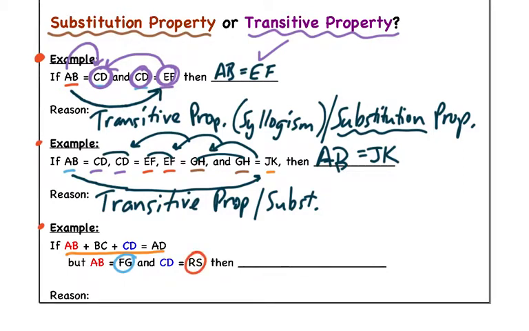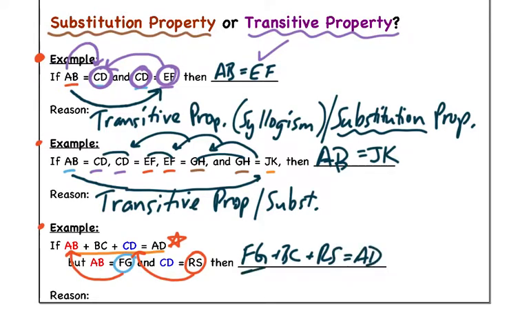This is not transitive, because this is not if P then Q, if Q then R, if R then S. This is literally, I give you a very strong statement here, and I'm saying I can replace these now back into the equation. CD is the same thing as RS. So I can conclude that instead of AB, I can say FG plus BC plus, instead of CD, I can say RS equals AD.